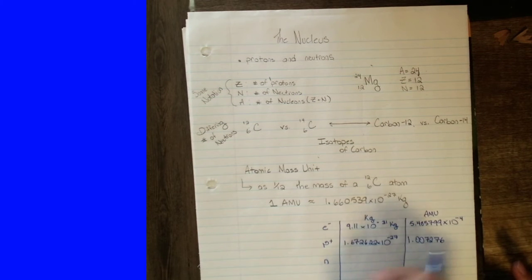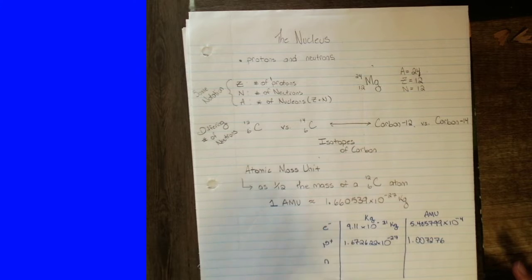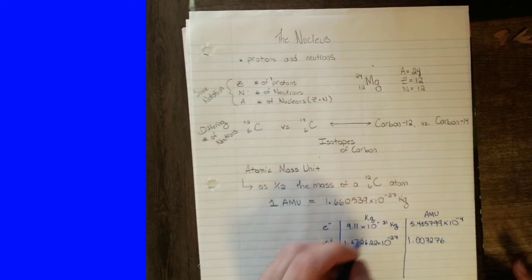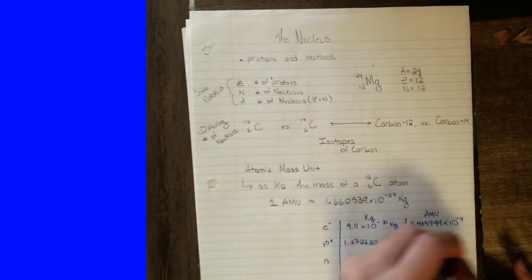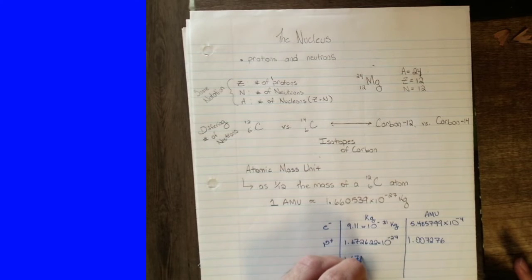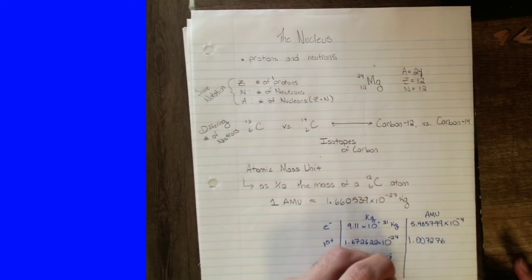It's roughly around 1 because the majority of the mass of any atom is its nucleons. Carbon-12 has 6 protons, 6 neutrons, and so if we take a 12th of that, it should be roughly equal to 1, but it's not quite 1. More on that later. Protons and neutrons are very, very similar in terms of their mass.